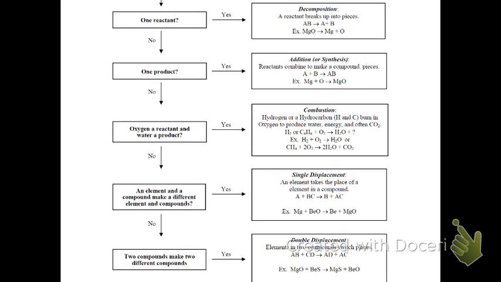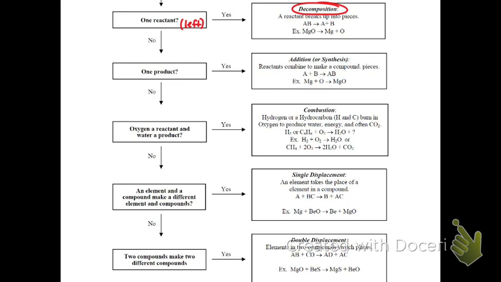So first, if there's only one reactant, which side of the problem are reactants on? The left. So if there's only one thing on the left side, then that would be decomposition. One thing is going to break down into multiple pieces. Okay?